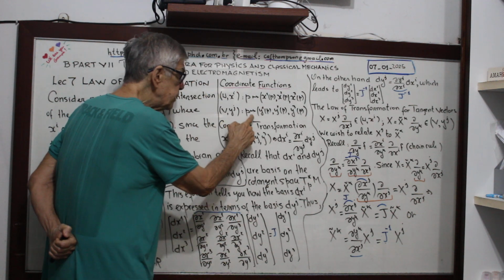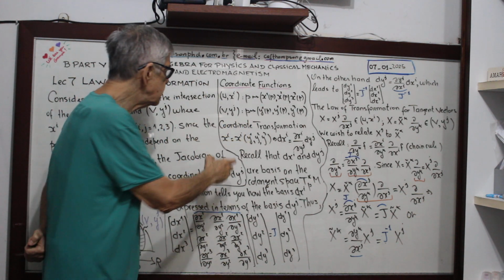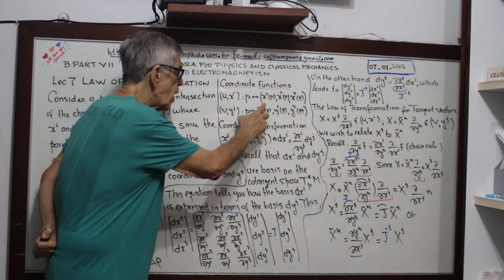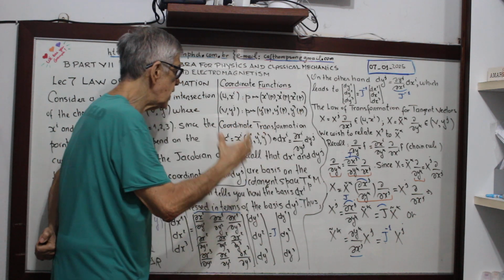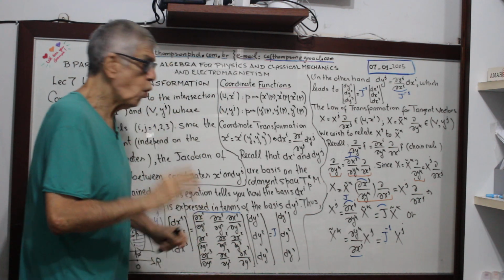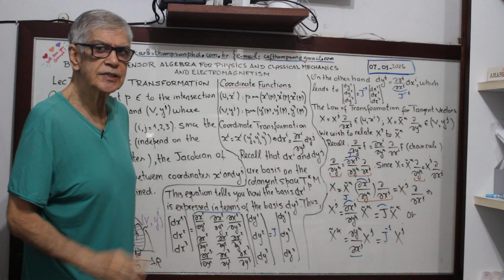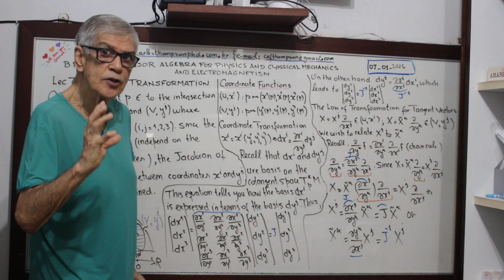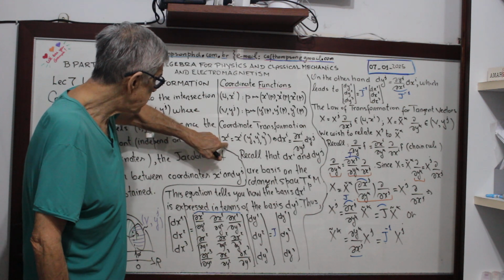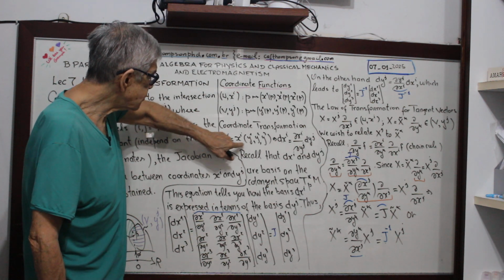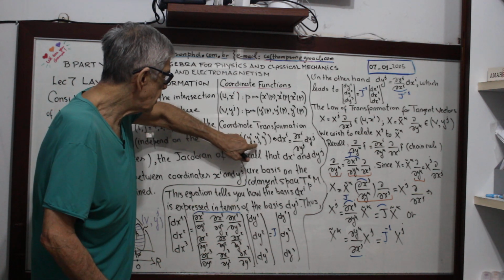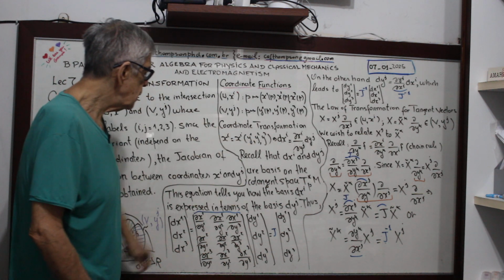The same point P, which is invariant, belongs to this chart over here, y1, y2, y3 at the same point P. Now, coordinate transformation. Since coordinates are functions, I can express each x^i in terms of the coordinates y, in this case y1, y2, and y3.